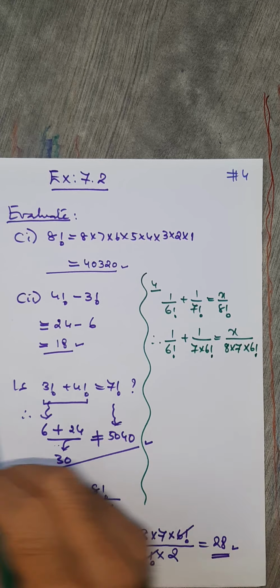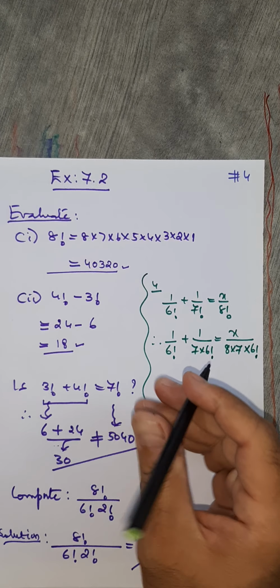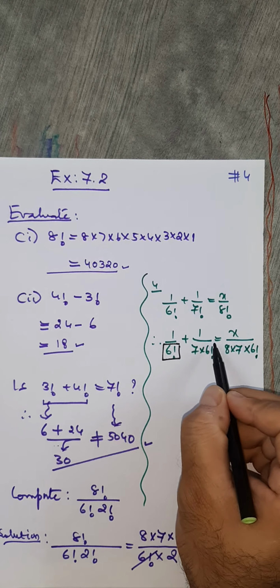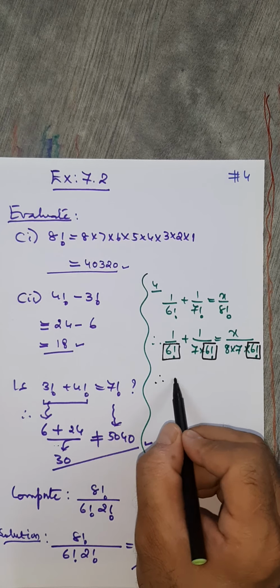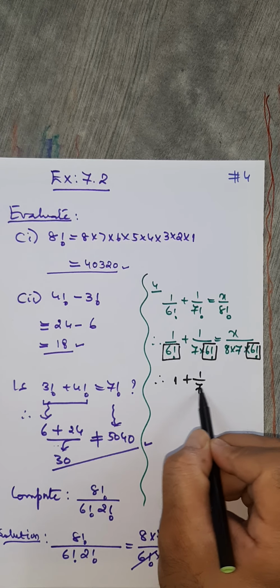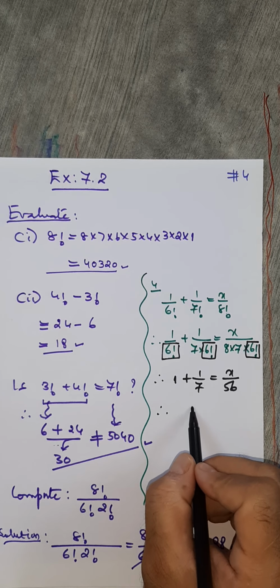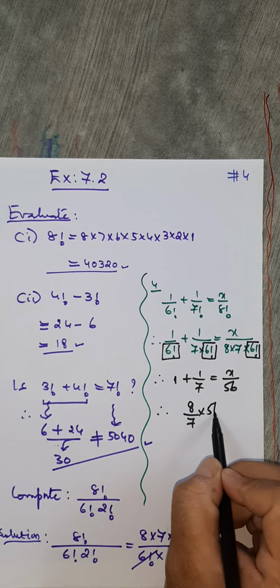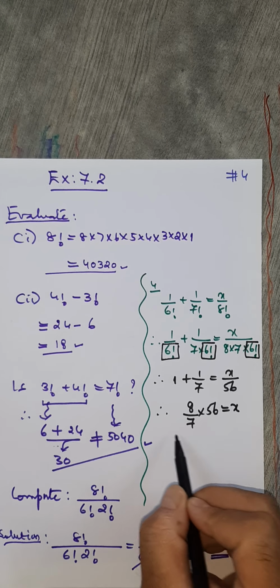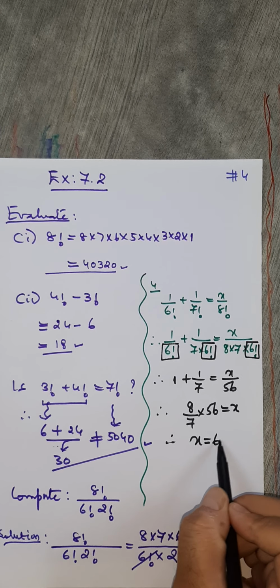Now 6 factorial goes away from this expression. 6 factorial, 6 factorial and 6 factorial will get cancelled. So 1 plus 1 upon 7 equals x by 56. So this is 8 by 7 into 56 equals x. So you will get x equals 64.